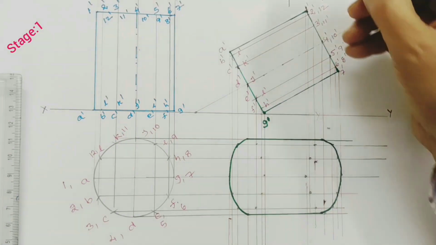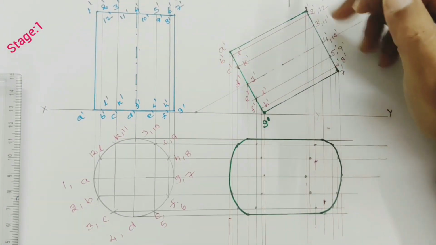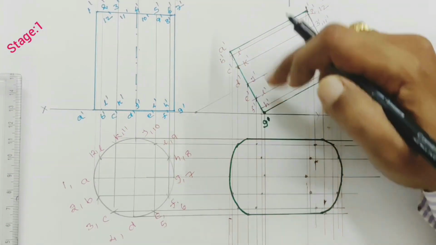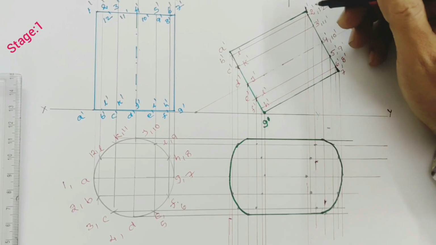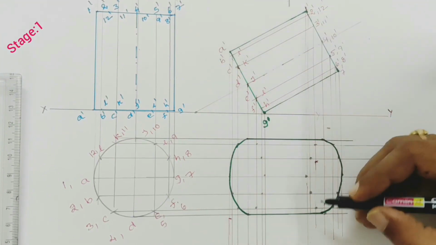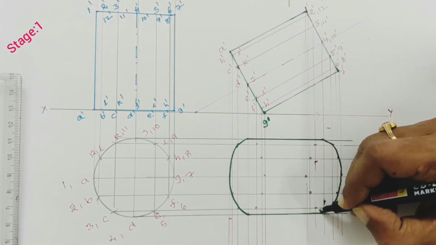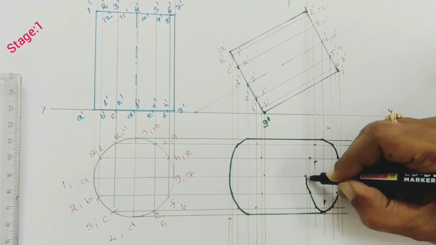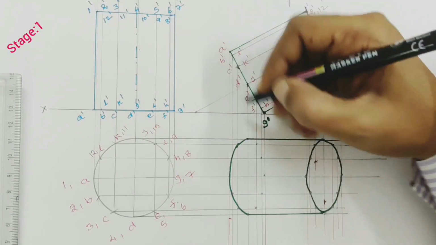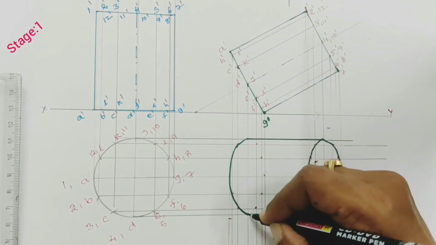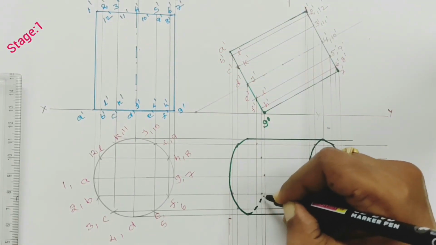Then for the observer, this base is nearer than this base. So total base is visible in the top view. So dark is base. Whereas the inside portion of the base is not visible. So it is dotted.